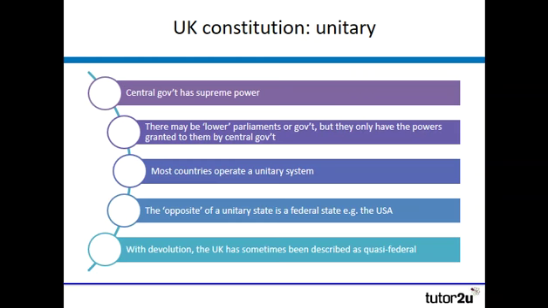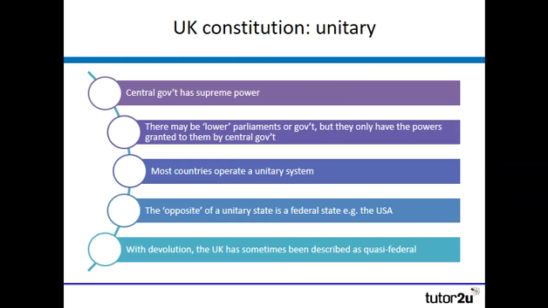Many countries operate a unitary system, but there are some significant countries that do not. Countries that you will meet as part of your A-level politics course, for example, might be the USA. Now, the USA is regarded as a federal state, not a unitary country.